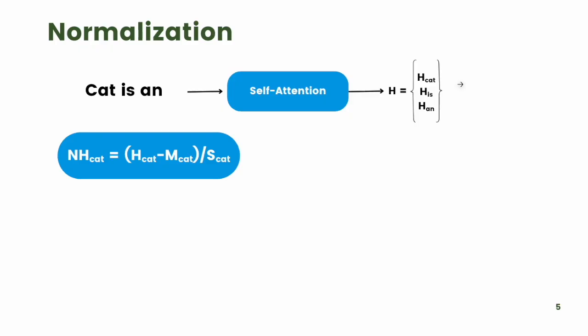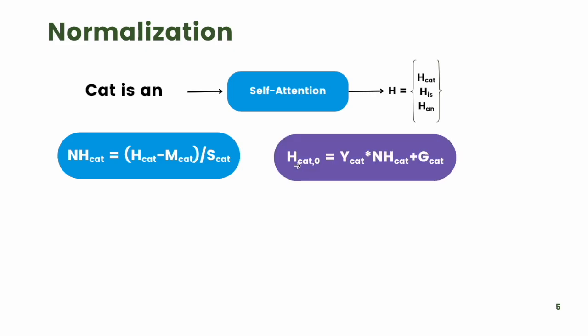Okay, and the key point to remember now is that normalization is performed for each of these different vectors separately. So you would perform normalization for the word cat by subtracting the mean and the standard deviation, and then, as we discussed, we would like to add trainable parameters y cat and g cat in this case, and these parameters then let the model choose an appropriate mean and variance by itself.